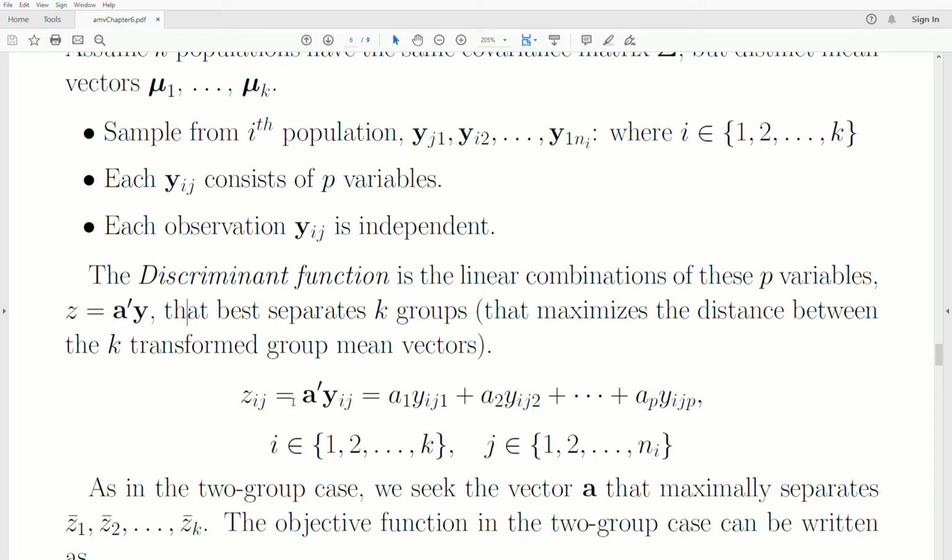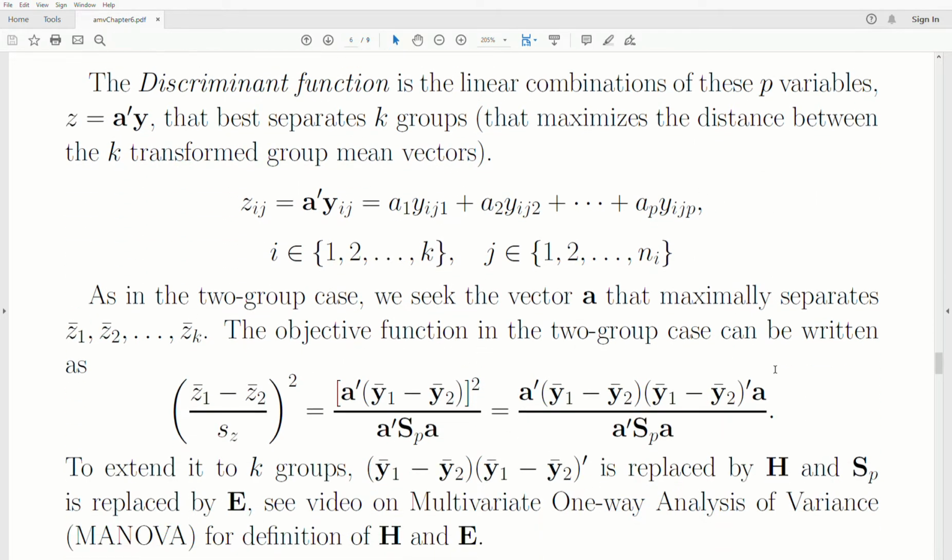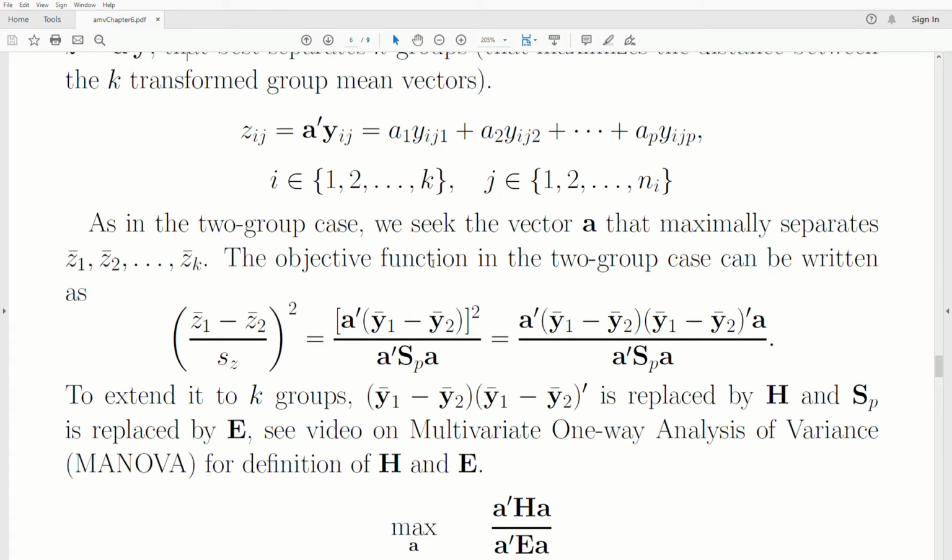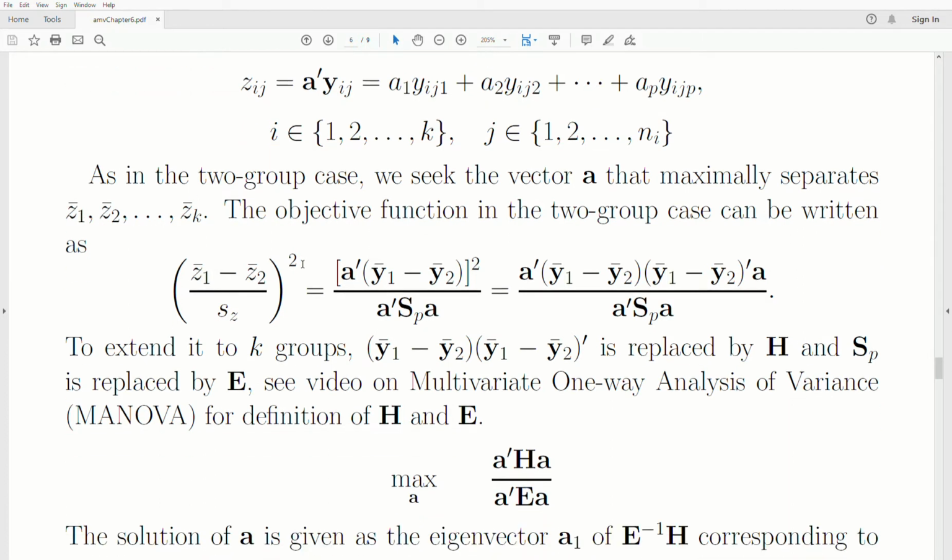So the z's can be thought of as a transpose y, and then it's literally a1 times the first variable, a2 times the second variable, the pth component of a times the pth variable. And as in the two group case, we want the vector a that maximally separates the transformed group means.